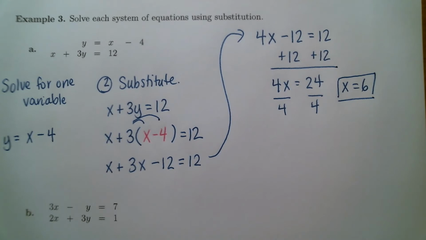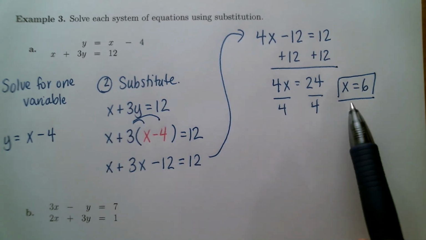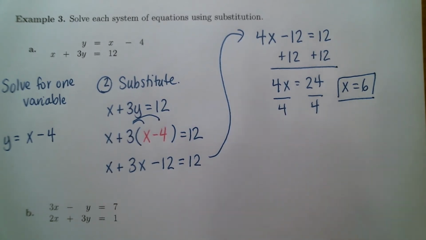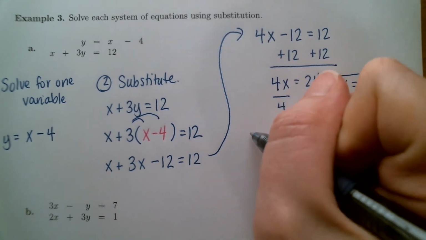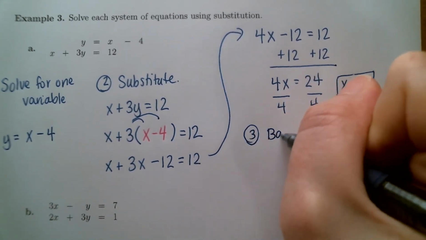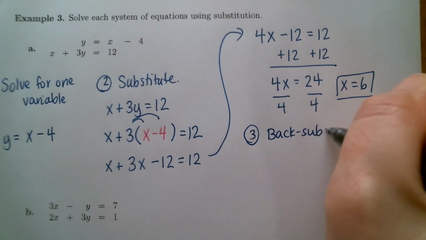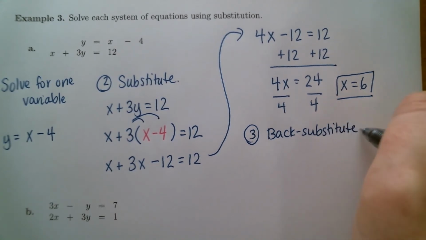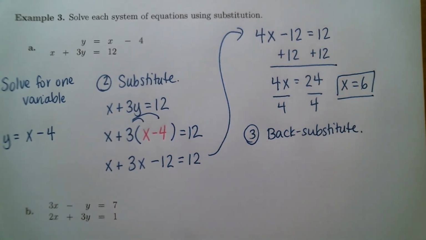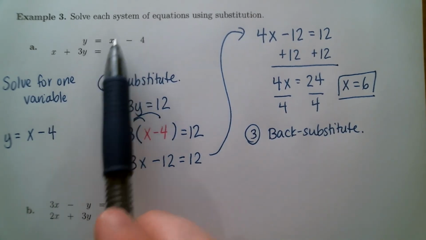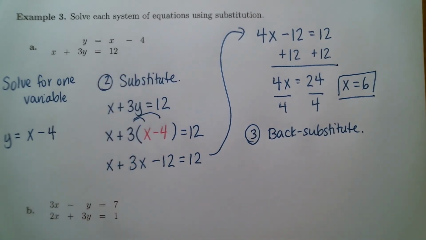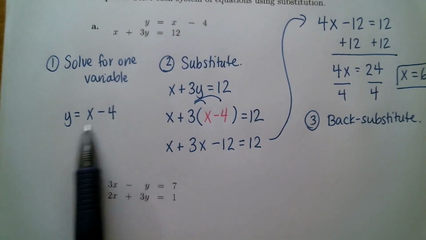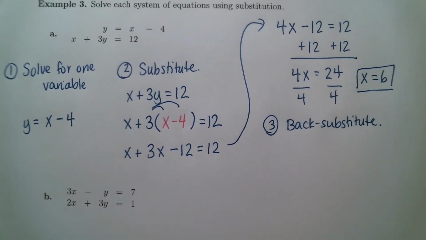You have to do one more thing because we're not done yet, because you need the y value as well. So now we need to use the fact that x is 6 to get the y value. The last step is what they call back substitute. What that means is, go back to one of the original equations, it doesn't matter which one, or go back to this over here and plug in x equals 6 to get the y value.